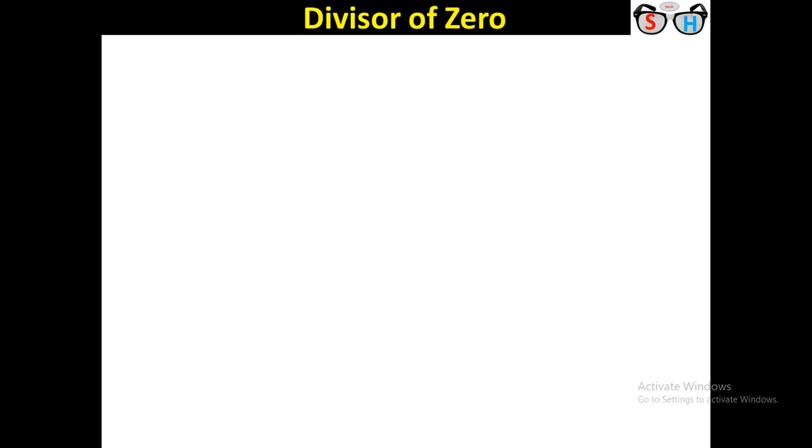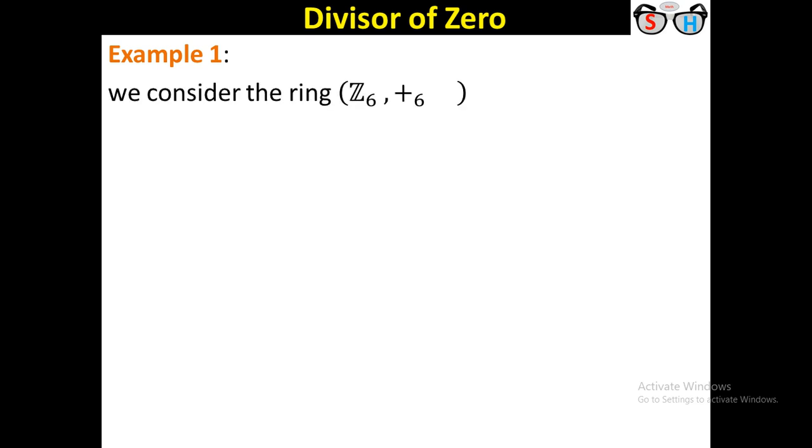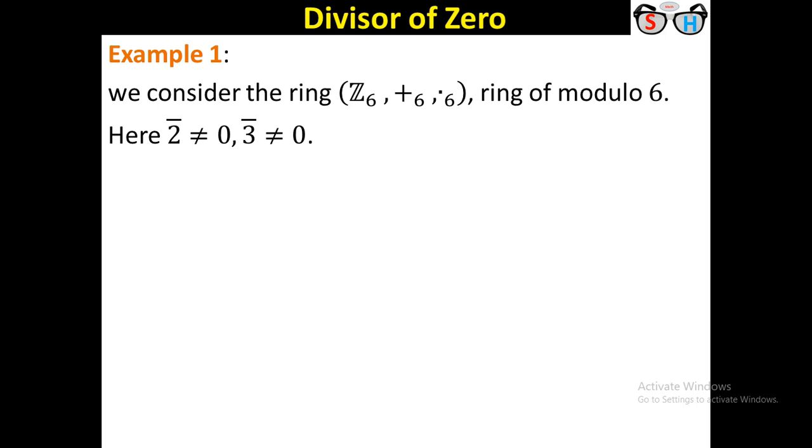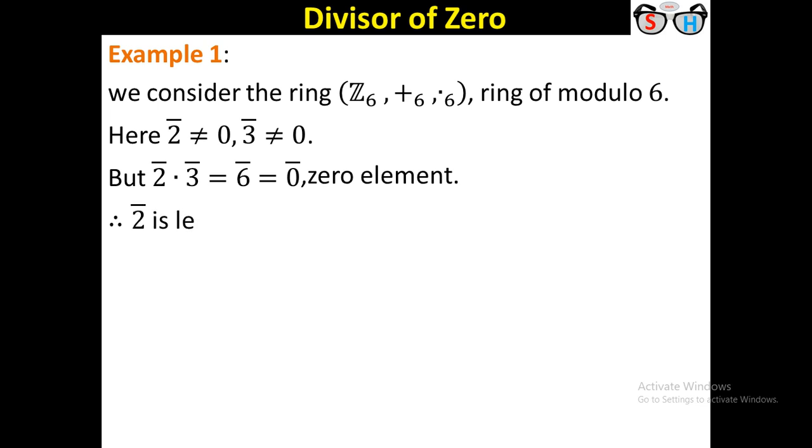At first I give an example. In example 1, consider the ring Z6, plus, dot, the ring of integers modulo 6. Here you see two non-zero elements, 2 bar and 3 bar, and the multiplication of 2 bar and 3 bar is 6 bar, which is the zero element. So you conclude that 2 bar is a left divisor of 0, because 2 bar is on the left side of the multiplication and 3 bar is also a non-zero element.